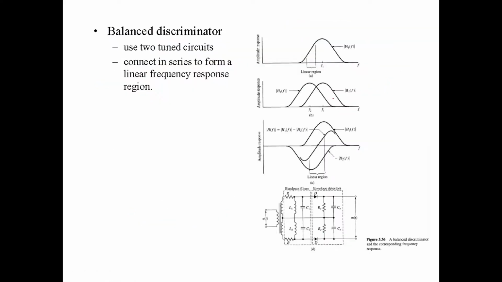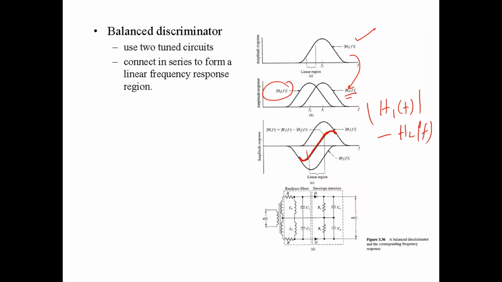One circuit gives me this frequency response, and another circuit gives me this frequency response, H2(f). Now if I subtract them, |H1(f)| minus |H2(f)|, which we can obtain by simply placing them in series, then the net response will be this one.